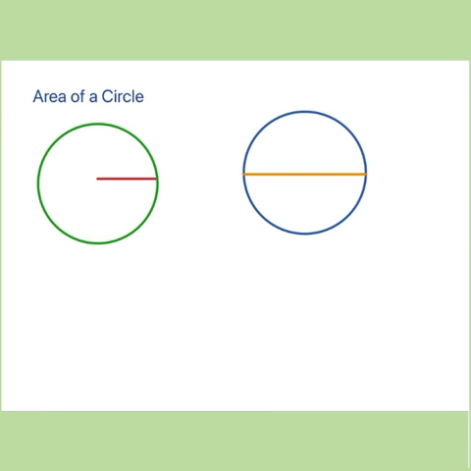Now let's proceed to area of a circle. So this is our circle. This is the radius and this is the diameter. So the formula to find the area of a circle, when the given is radius, area equals pi r squared.